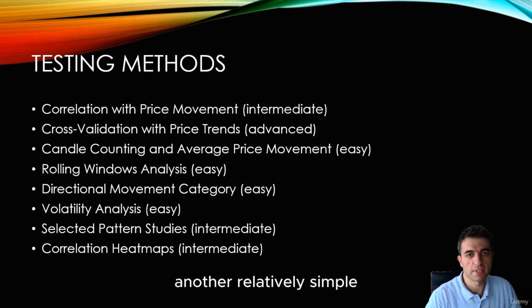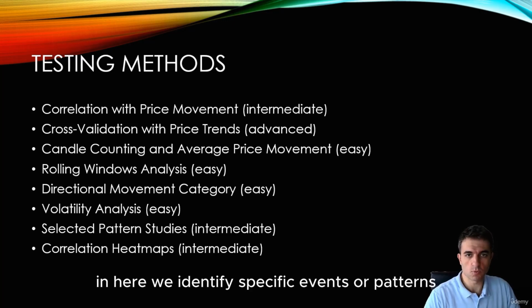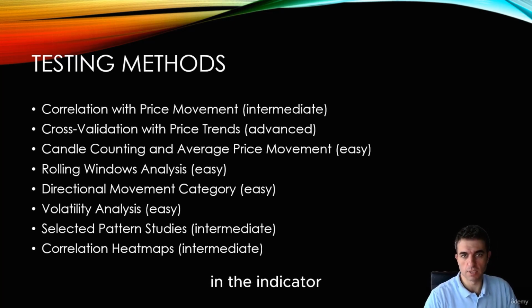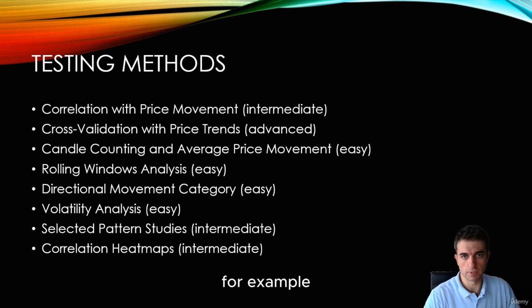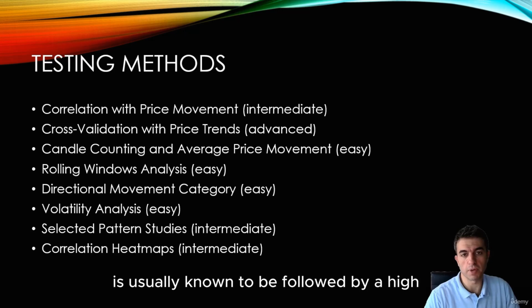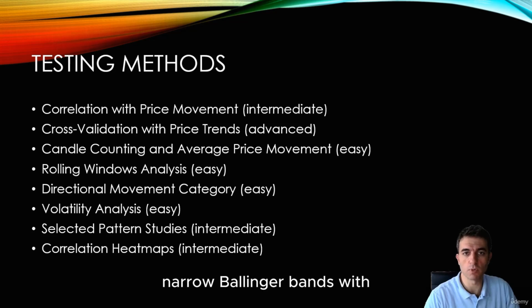Another relatively simple approach is the selected pattern studies. Here, we identify specific events or patterns in the indicator that usually precede significant price movements. For example, a tightening in the Bollinger Bands is usually known to be followed by high volatility or a quick price change, because we assume that a very narrow Bollinger Bands width is related to very low volatility, which is unusual on some assets.